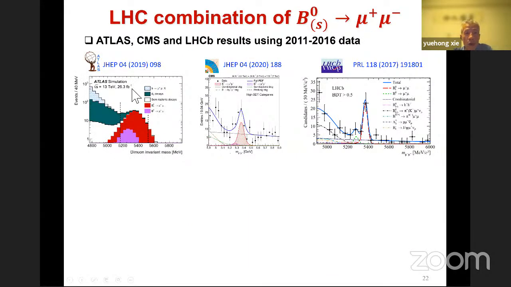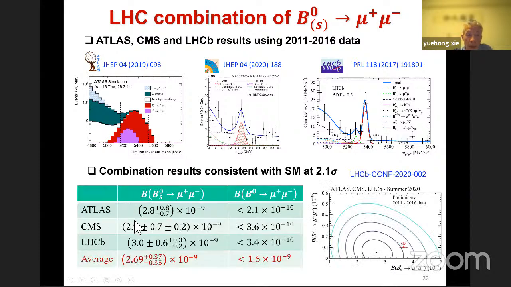So as I said, all three experiments have observed the Bs to mu mu and have analyzed data until 16. Shown here are the mu plus mu minus mass distributions for ATLAS, CMS, and LHCb. Their results are summarized in this table, and the average is given here.